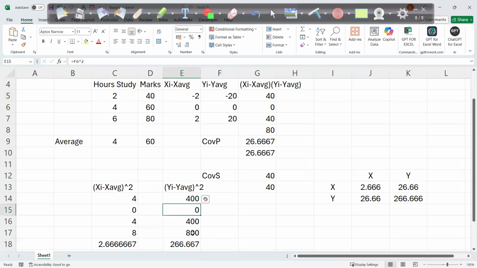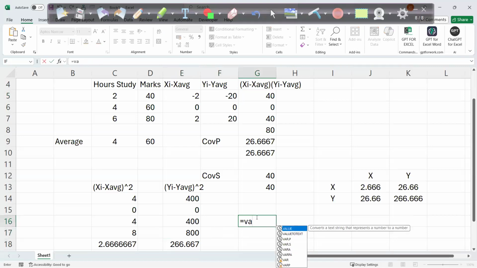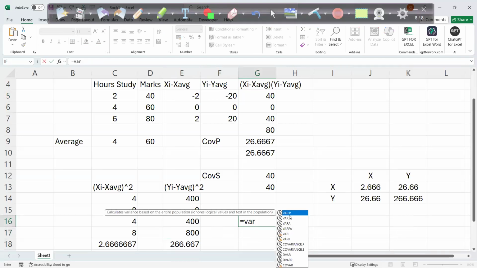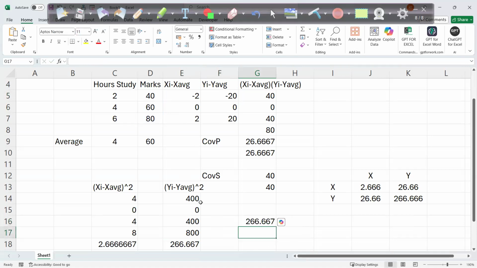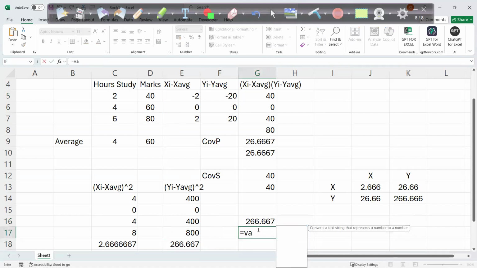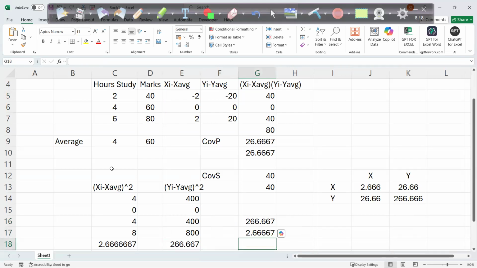This whole square, then I am summing it up also, then dividing it by n. If I calculate the variance, population, for this column, what am I getting? 260. That is right. If I am calculating the variance of x, right? That is fine.